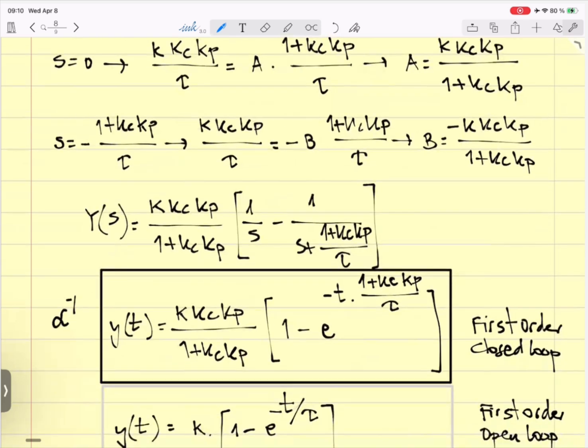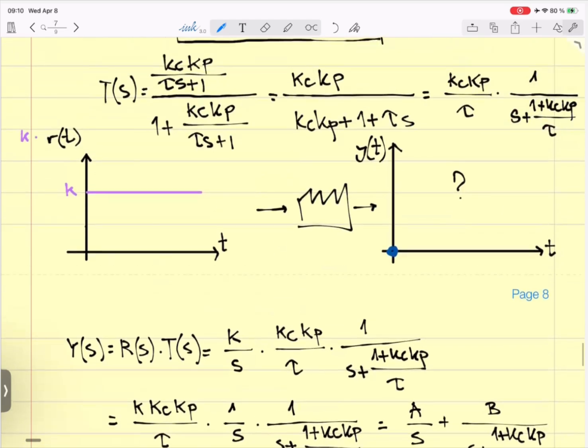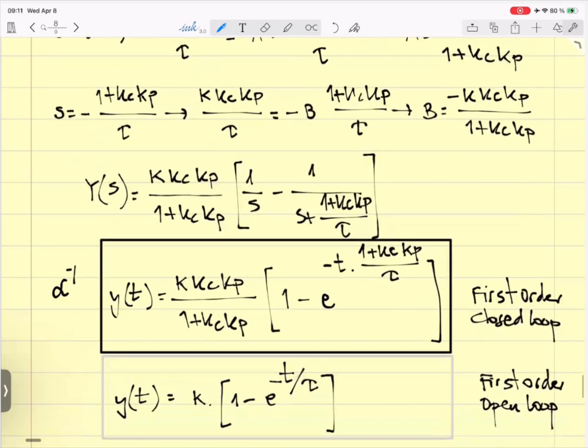And then when t is infinite, it's not going to end up in k again. This value is going to be k times kc, kp divided by 1 plus kc, kp, which is this constant here.